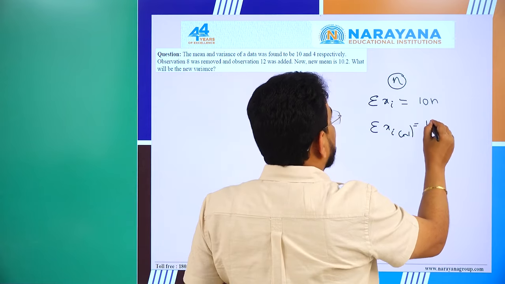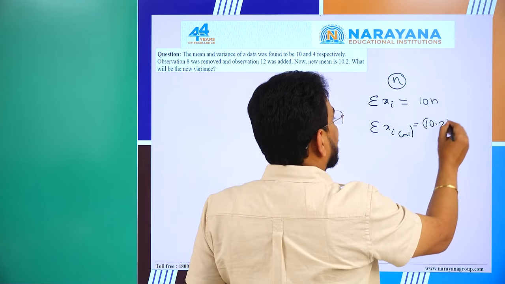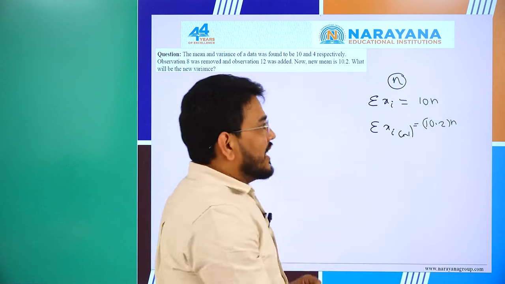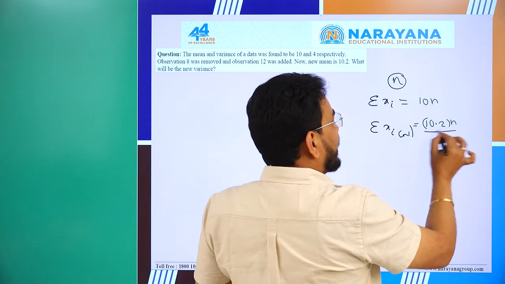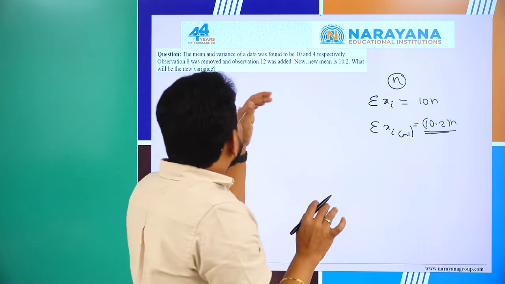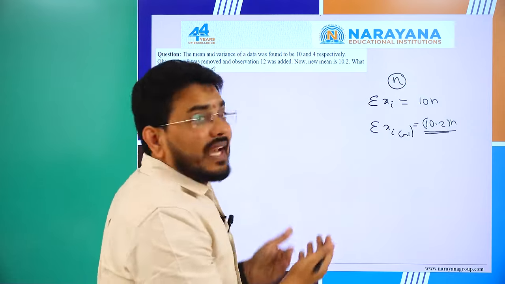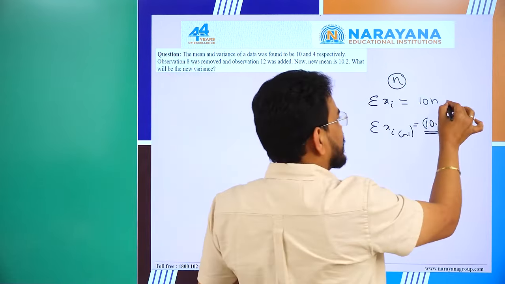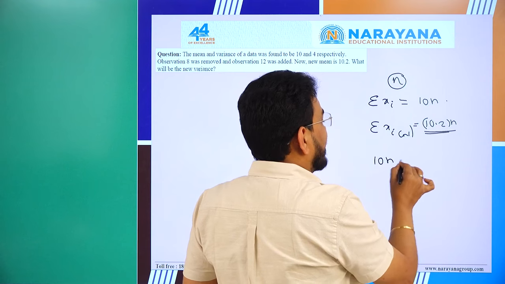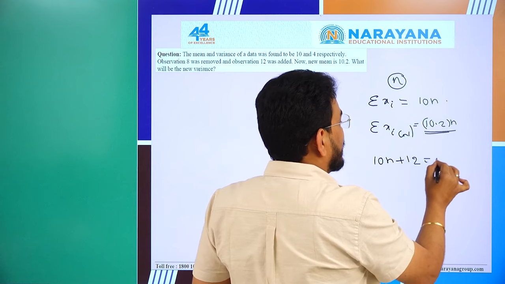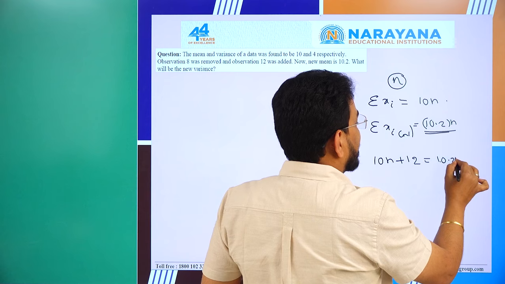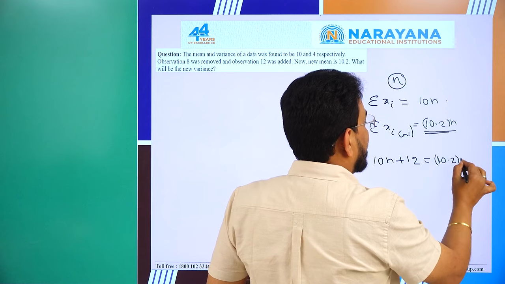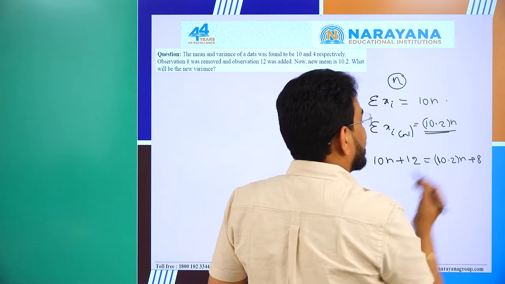So this is 10.2 into n. So from here, what happened? The sum is 8 removed and 12 added. So 10n plus 12 should be equal to 10.2 into n plus 8.